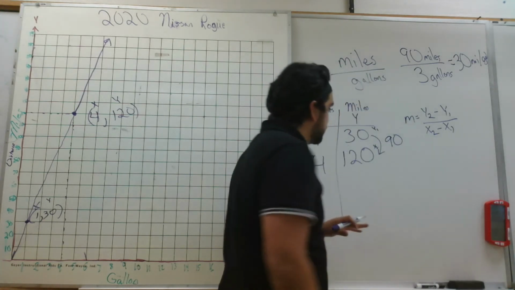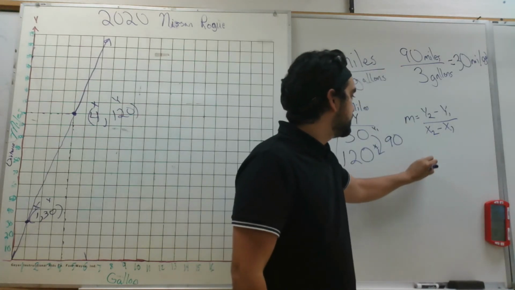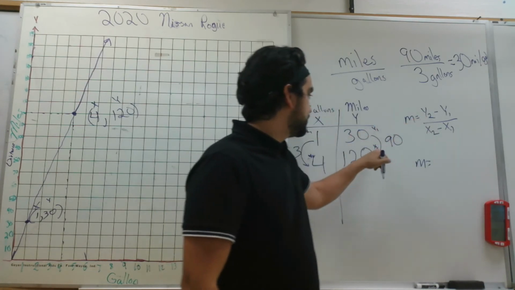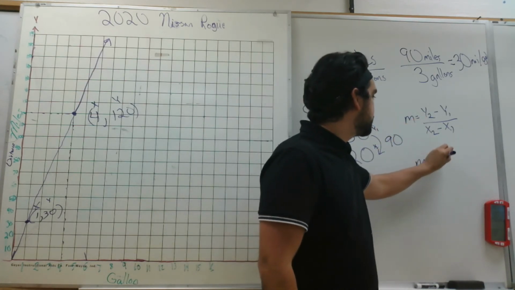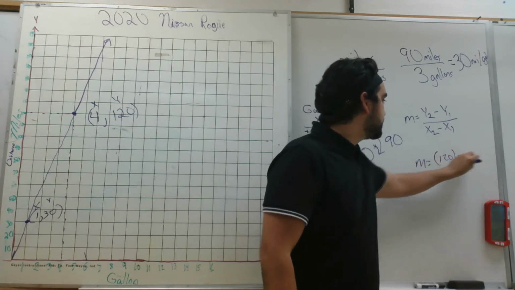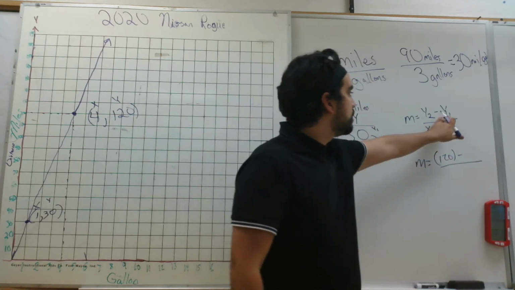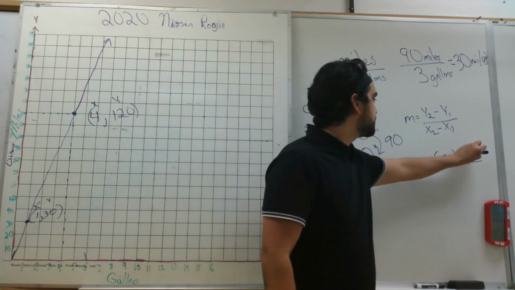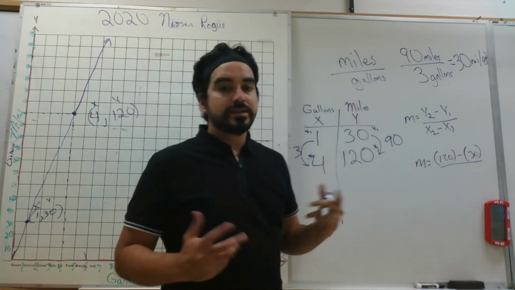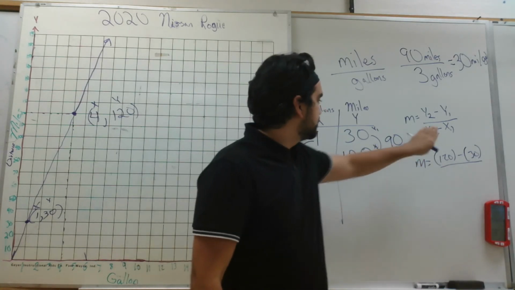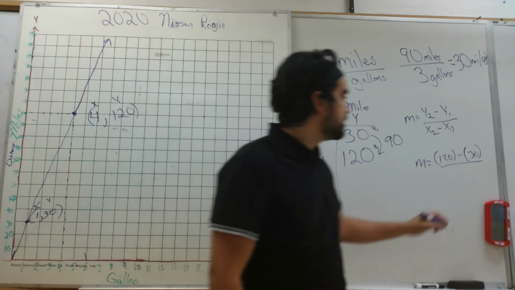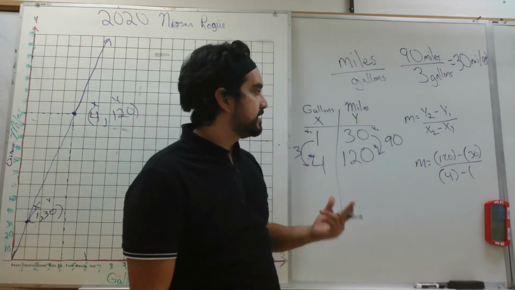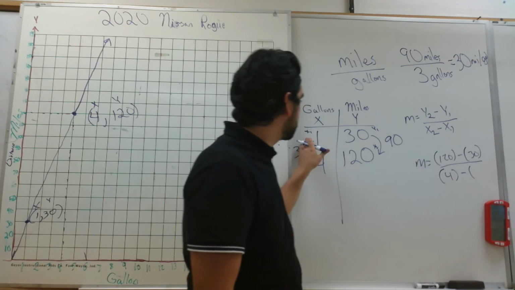We have m equals, and Y2 would be 120, so parentheses 120, minus Y1, which would be 30, parentheses 30. Then we go to X2, which would be 4, so parentheses 4, minus parentheses, and finally X1, which would be 1.